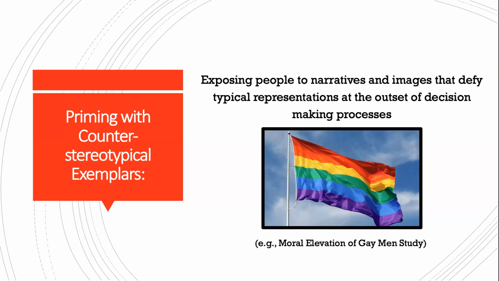There's one study, for example, on the moral elevation of gay men that showed that when participants of that study were primed with images and narratives of gay men who are painted in positive light, so as family men, as contributors to society, as folks who held jobs, et cetera, that later on participants in the study were more likely to look at them and rate them favorably, right?